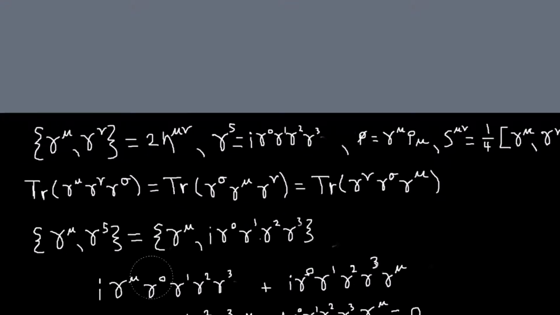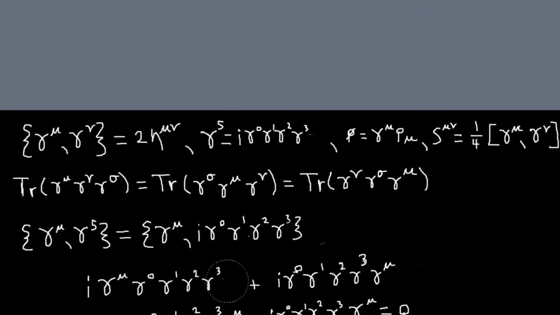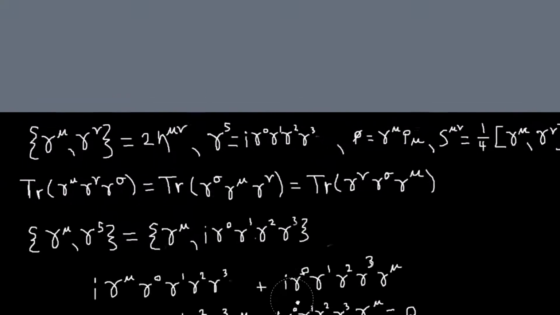Since gamma mu will be either 0, 1, 2, or 3, let's say it's 0. I would commute it past gamma 0, because obviously it commutes with itself. Then I would anti-commute it 3 times past these, so I would pick up a minus sign. I would get this term, but with a minus sign, and so they would cancel and I get 0.